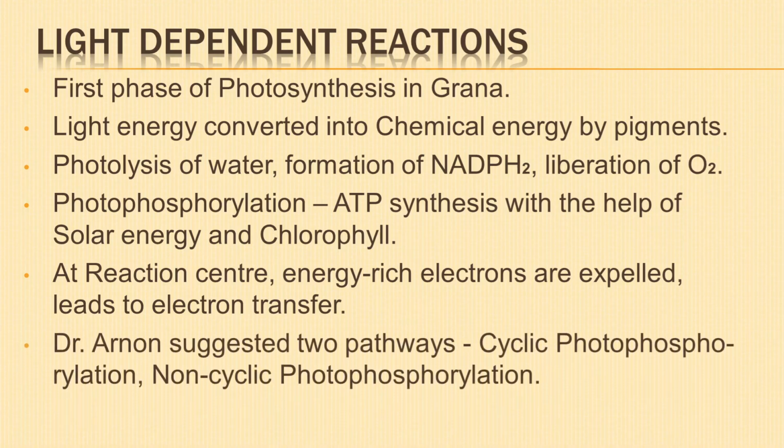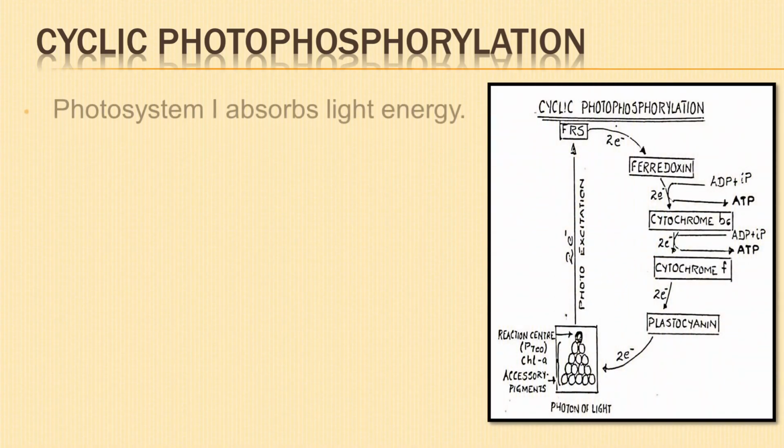Dr. Arnon suggested that there are two pathways for this electron transfer. They are cyclic photophosphorylation and non-cyclic photophosphorylation. Cyclic photophosphorylation involves photosystem 1.